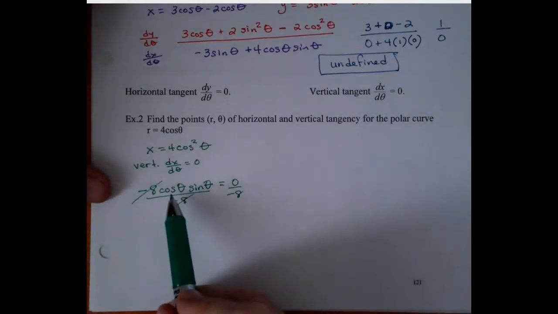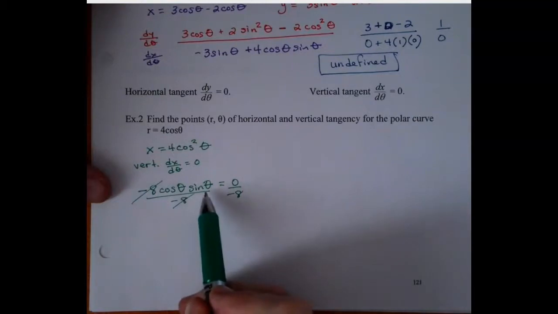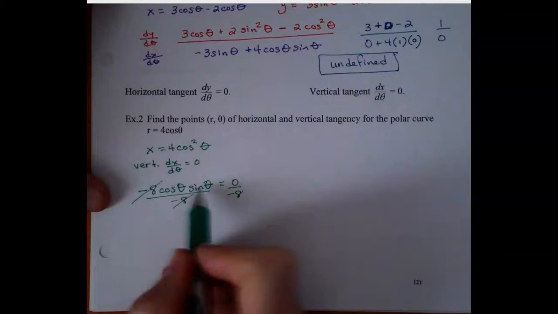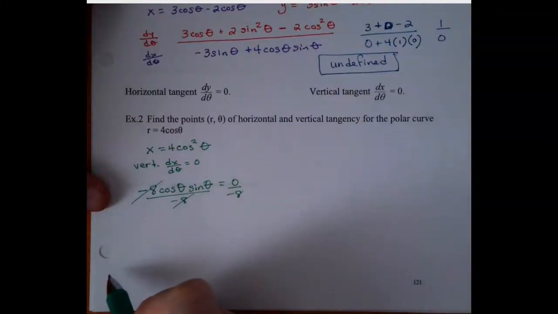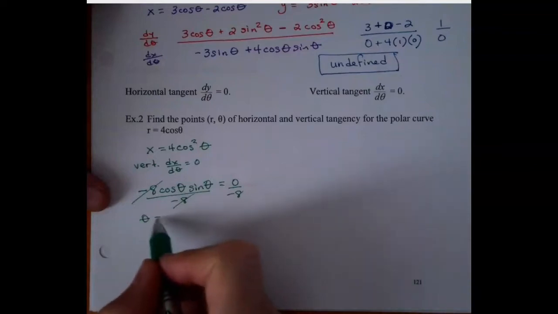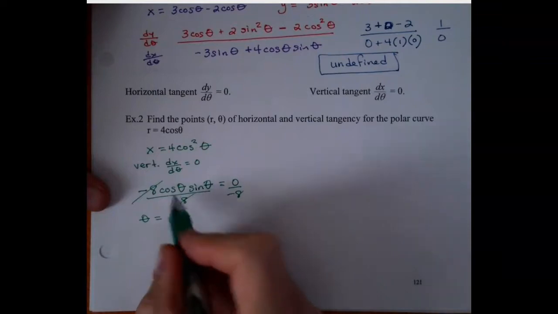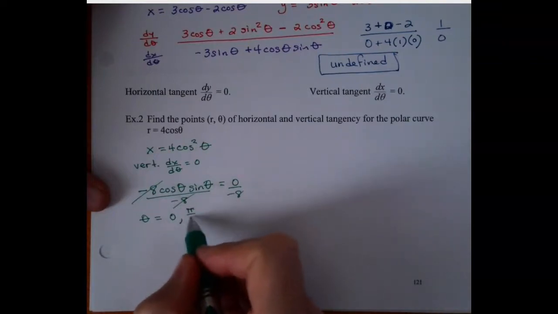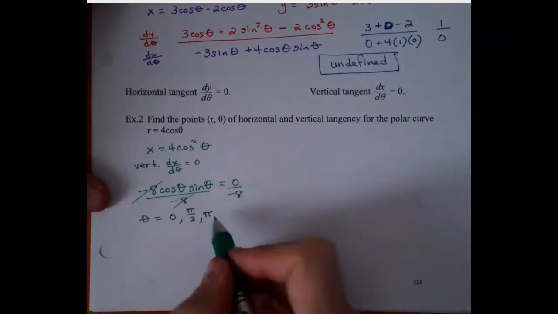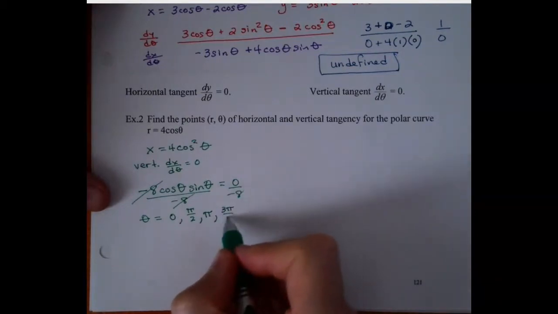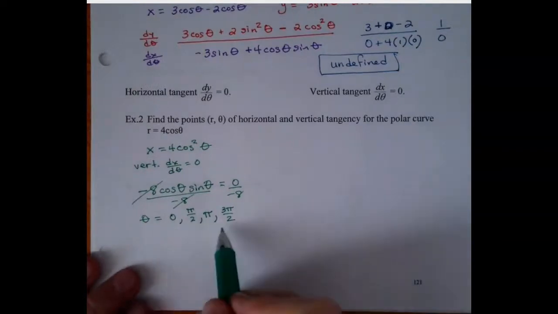And so now we can say, okay, when is cosine theta times sine theta equal to 0? Well, it's equal to 0 anytime either one of those is 0. So that's going to be at 0, because sine is 0 at 0, and cosine is 0 at pi over 2, and sine is 0 at pi, and cosine is 0 at 3 pi over 2. So we're going to get those 4 angles.